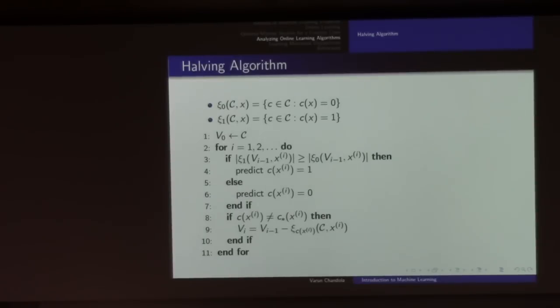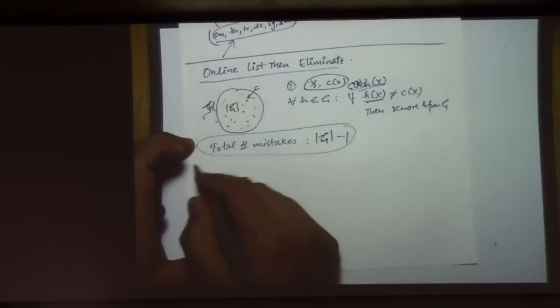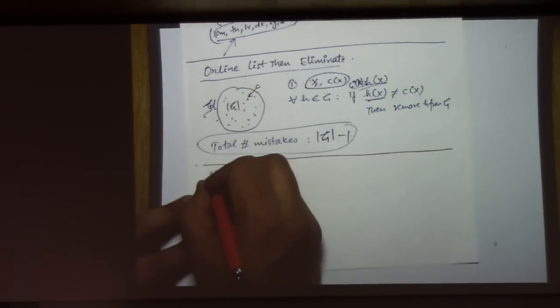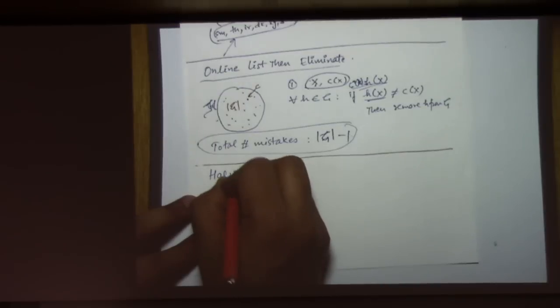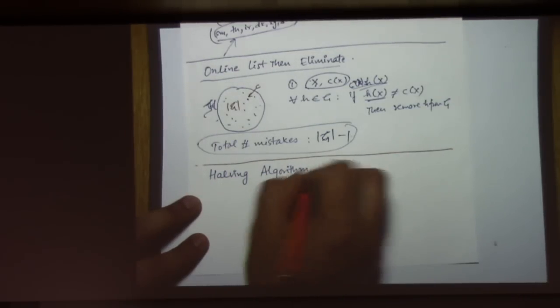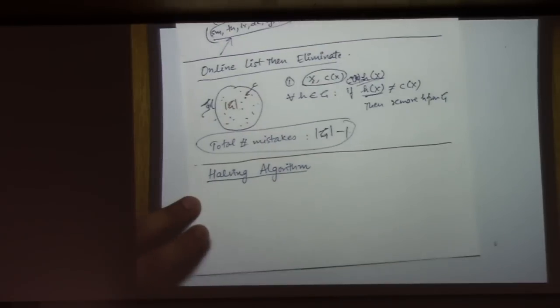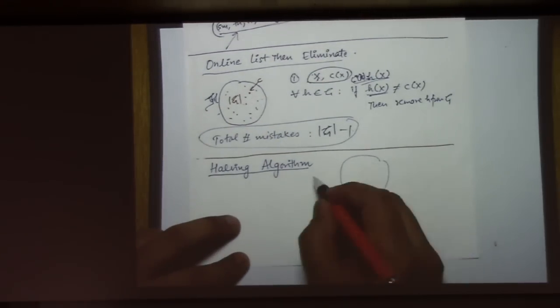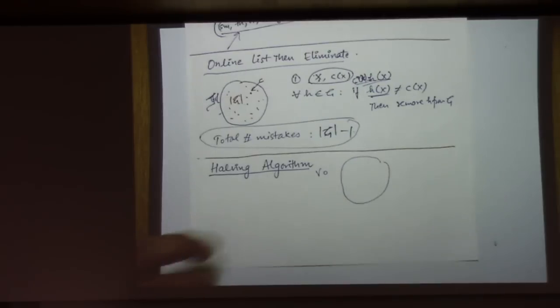So let me show it to you in written form. Here is the halving algorithm. What the halving algorithm does is that it starts with your V naught, which is the concept space that you are starting with, after your inductive bias.